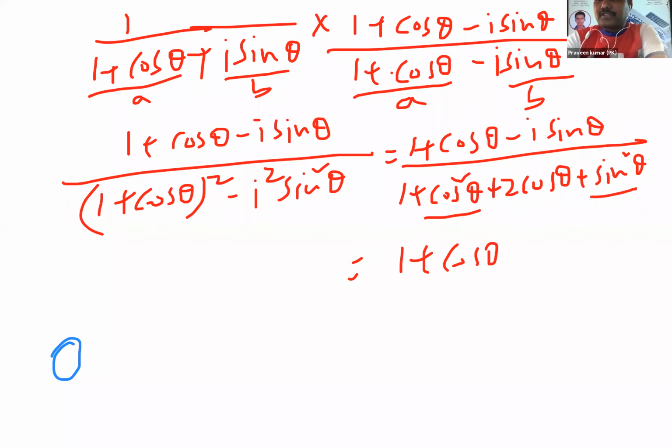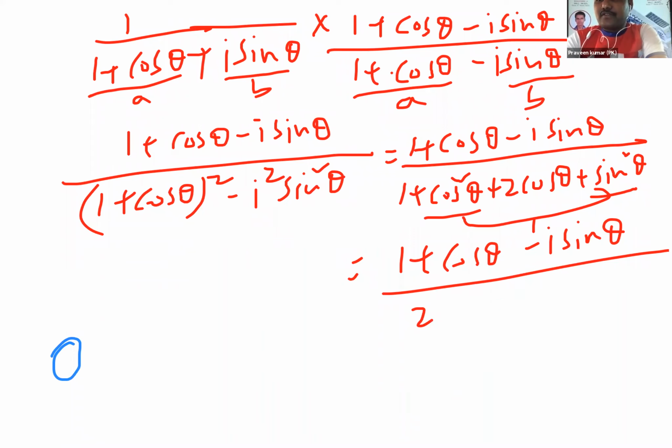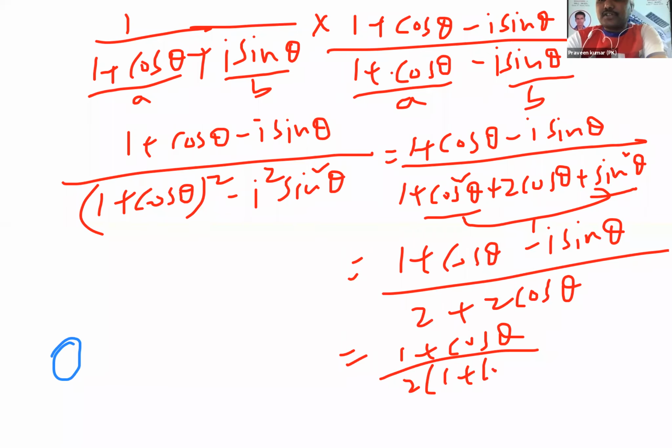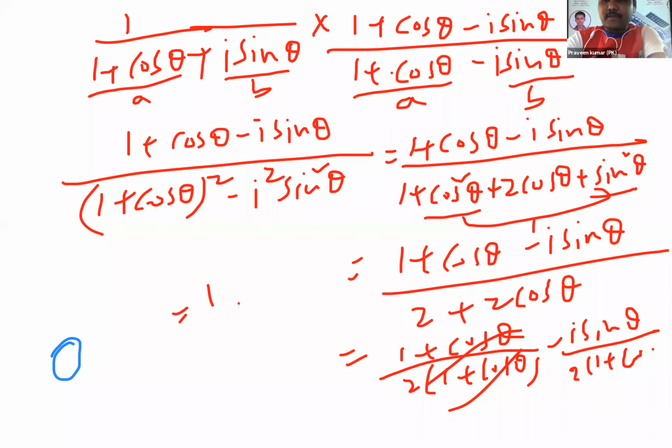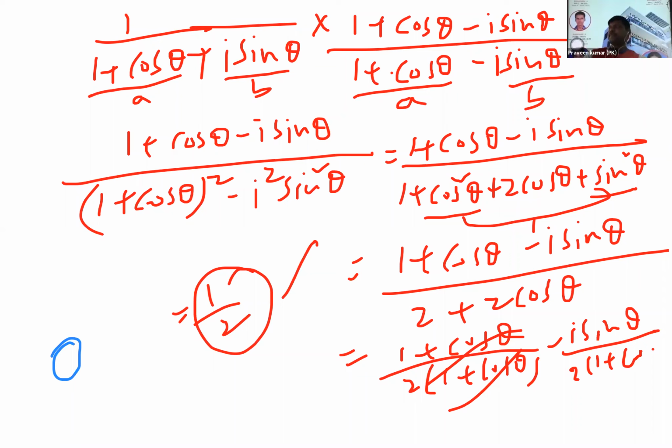So 1 plus 1 is 2, giving 2 plus 2 cos theta. Take 2 common and separate: (1 plus cos theta) by 2 into (1 plus cos theta), minus i sin theta by 2 into (1 plus cos theta). This term cancels, leaving 1 by 2. They ask only the real part, which is 1 by 2.